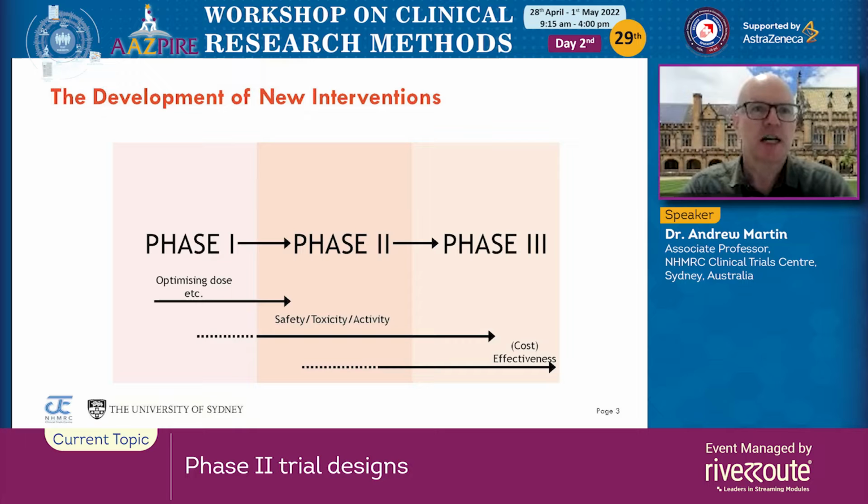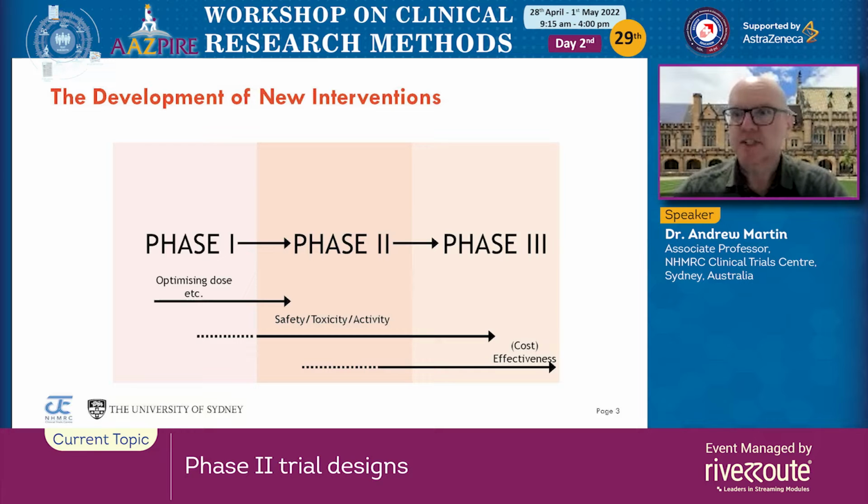If it was a drug, it might be looking at the feasibility of achieving a particular steady state concentration using a particular regimen. If it was a diet and exercise lifestyle intervention, then it might be the feasibility of actually adhering to the intervention. So Phase 1 is all about determining feasibility and optimizing the delivery of an intervention.